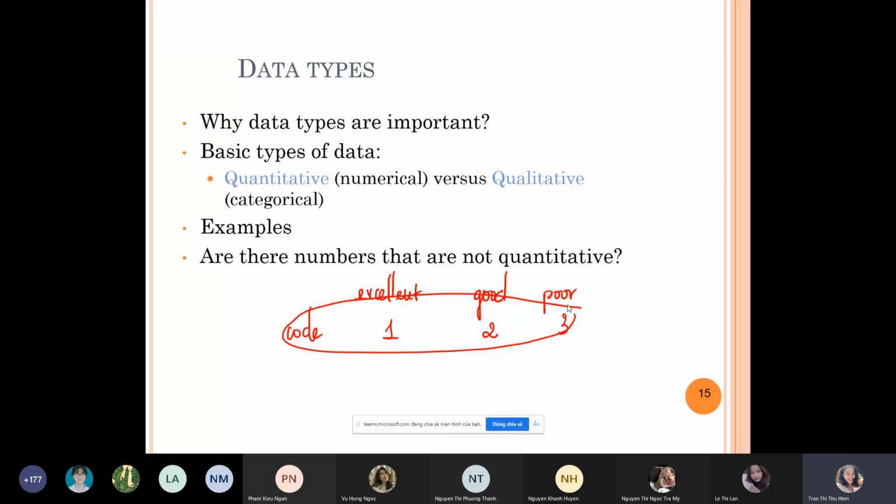So qualitative data can appear as numeric values. Sometimes we use a number to denote excellent for a qualitative variable. So sometimes it appears as a numeric value, but it is not quantitative.